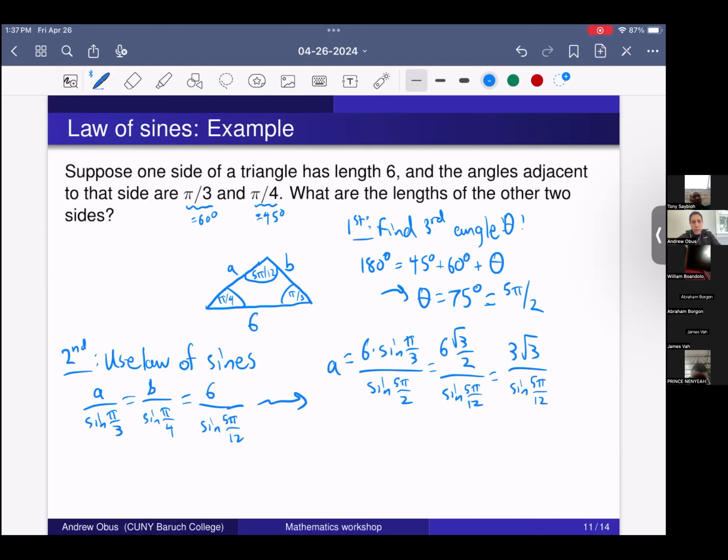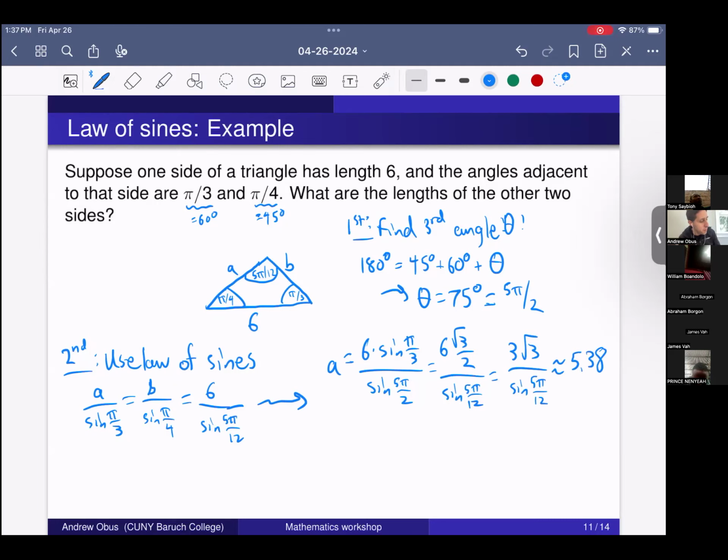I'll just use a calculator for this: 3 times square root of 3 divided by sine of 75 degrees gives about 5.38. That'll be side A.